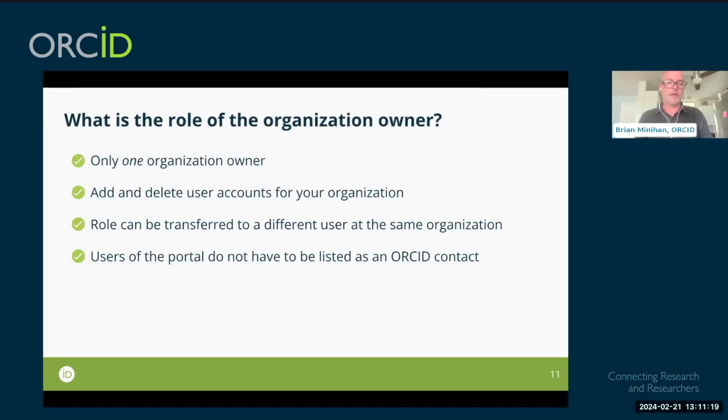But do keep us updated, because that one person is the person who can make changes to accounts. So that means they can add and delete user accounts. Before they leave, let's say I'm organization owner for University X. I could transfer it to Kimberly, our host, before my role is done. And then she would have the admin ability to control those user accounts for University X.